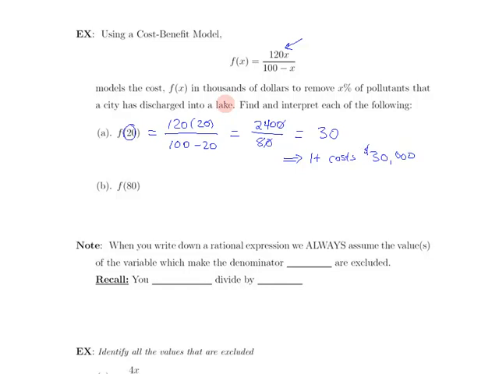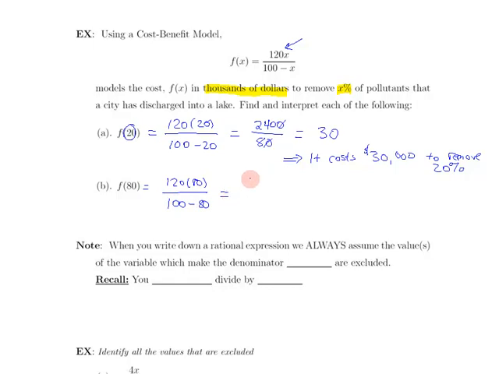Now what that means is it costs $30,000, because the output was in thousands of dollars, to remove, and remember it's x%, so when we plugged in 20, we mean it costs that much to remove 20%. Similarly, if we plug in 80, we're going to get 120 times 80 over 100 minus 80.